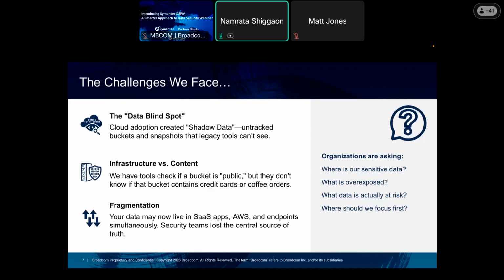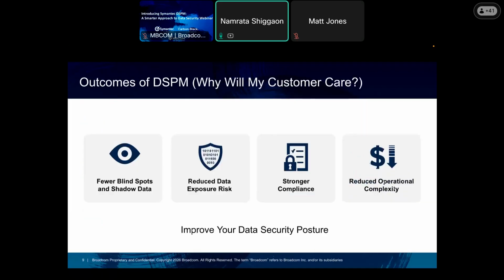And then it's not just about visibility into the infrastructure, but also data that needs to be focused on. And lastly, data is everywhere, and this very fragmented nature makes it impossible for the security team to know and protect all the data. That is where DSPM comes into the picture.